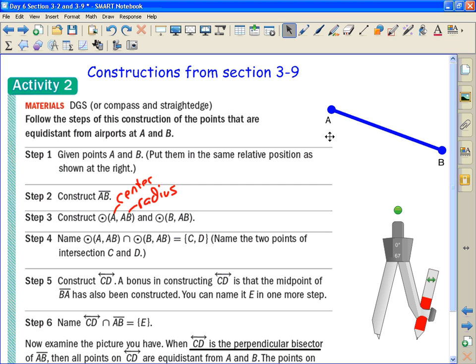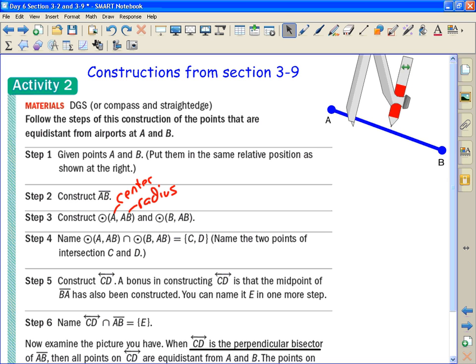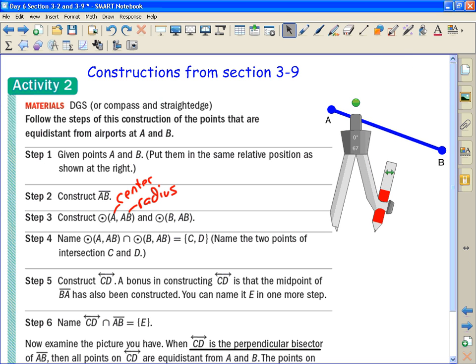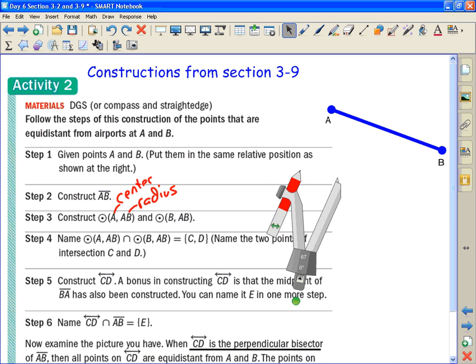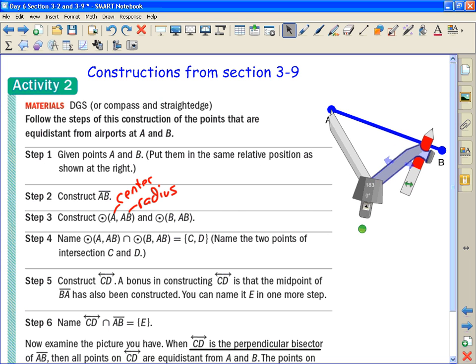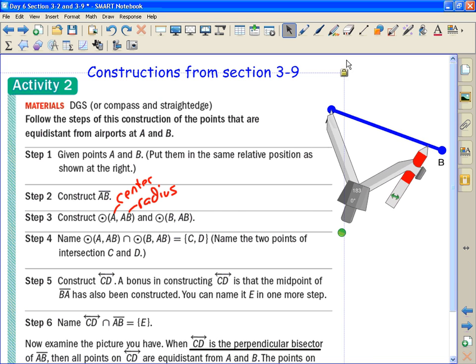You're going to take out your compass at this time. You may need to pause so that everybody can get a compass. At this point, everybody should have a compass in their hand. I'm going to take point A. I'm going to put the sharp edge on top of point A. I want to take the pencil part and place it in point B. I got to adjust my compass a little.